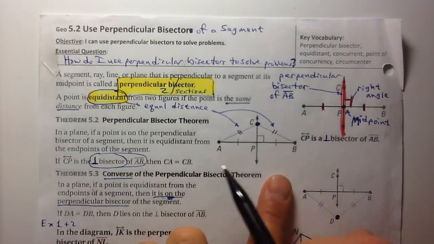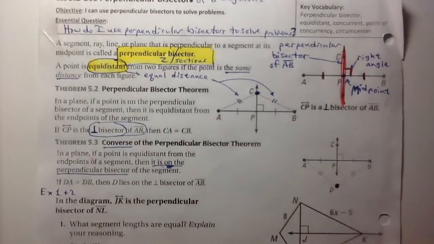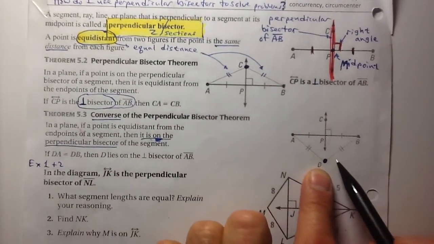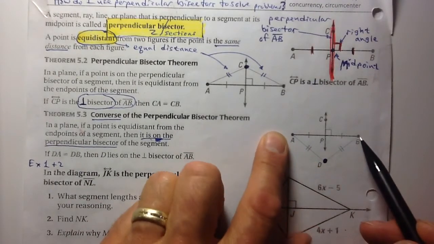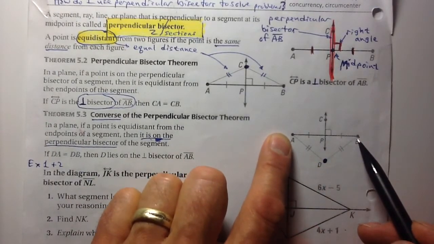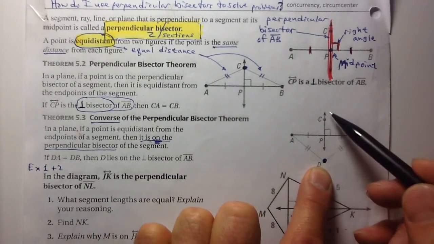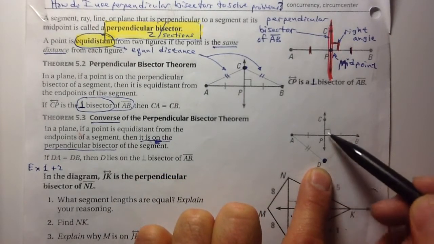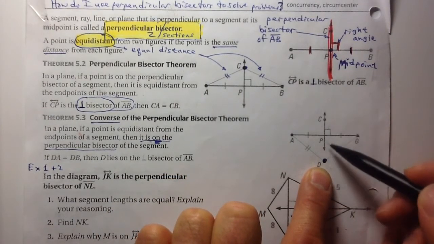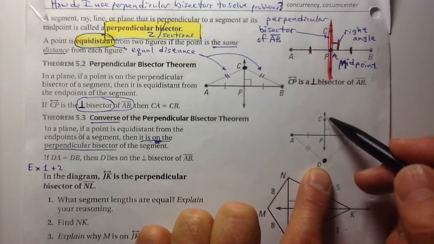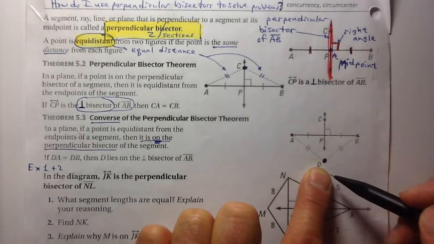Now we're going to take the converse of that and say that if a point is equidistant from the endpoints of a segment, then that point will lie on the perpendicular bisector of that segment.